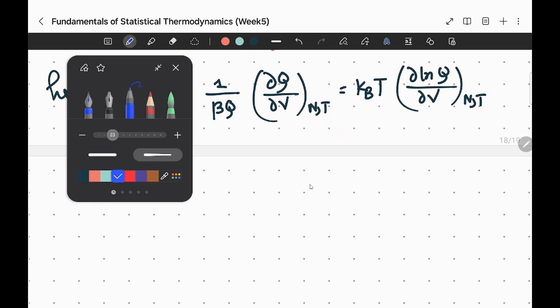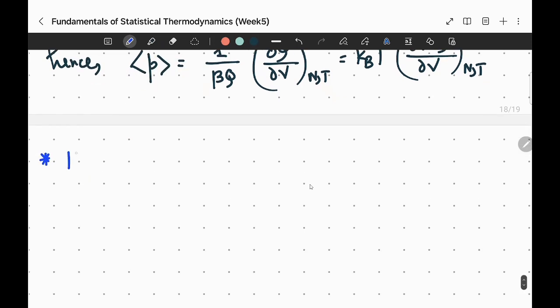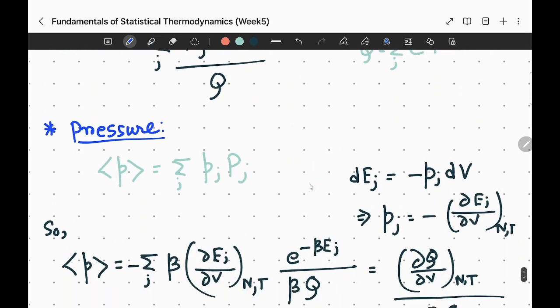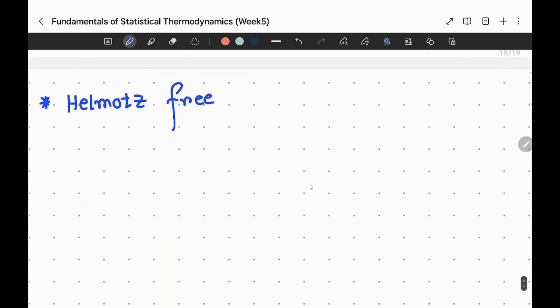Next, Helmholtz free energy. Here only one trick was there, not a trick, this knowledge is required. Otherwise, the rest is easy. How can you calculate the Helmholtz free energy? You know, Helmholtz free energy is A. How was A defined?